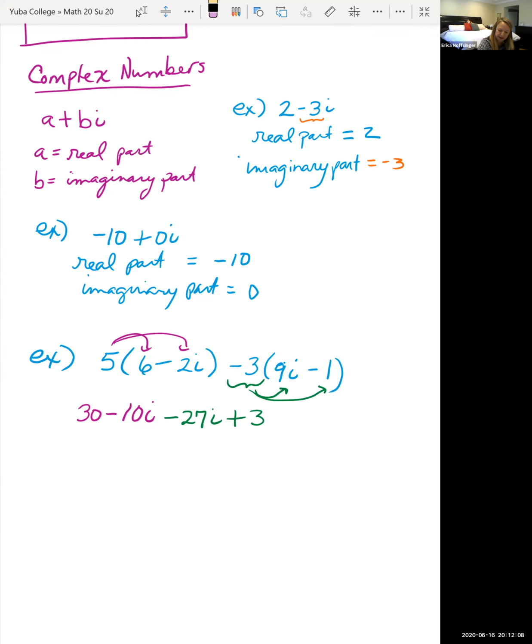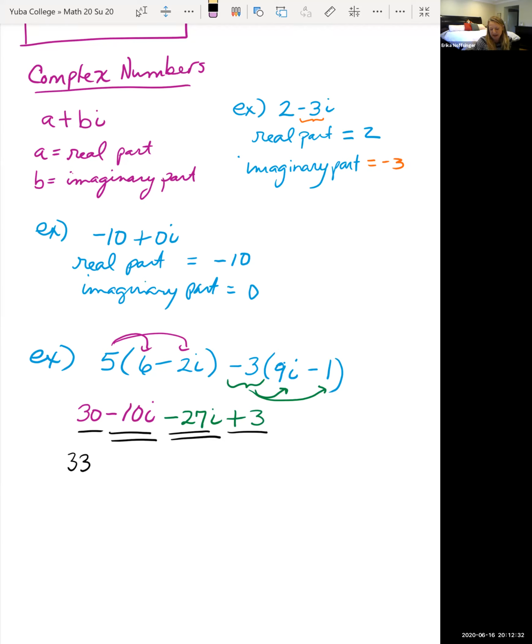So we can simplify this because we can combine like terms now. So combining like terms, we have 30 plus 3, which is 33. And then adding our imaginary parts, we have a -10i minus a 27i.